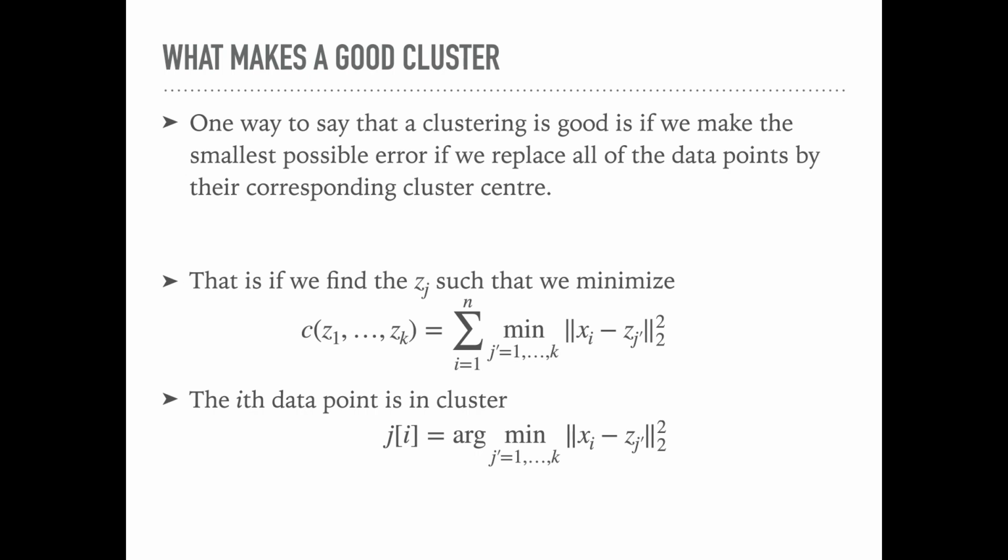The cost function C is given by the sum over all of the points of the smallest distance squared between that point and a cluster center. If we do this, then we can read off the cluster associated with the ith data point as the value of j' that minimizes the squared distance. So by minimizing this, we can find our cluster centers, and a little bit of post-processing, just running through the data and finding the closest one, will let us get our cluster assignments as well.